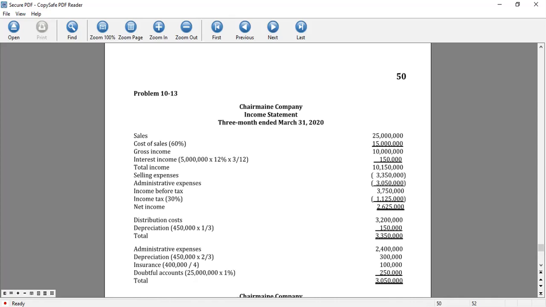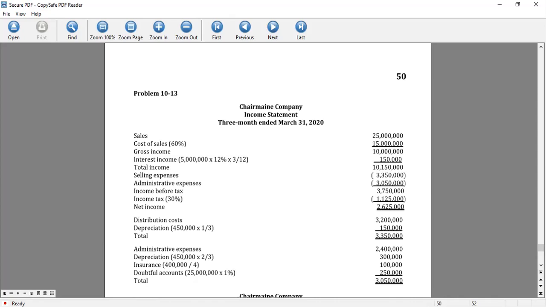We multiply sales by 40% for gross profit, while the cost of goods sold is 60%. 60% of sales is 15 million, so we have the gross income of 10 million.